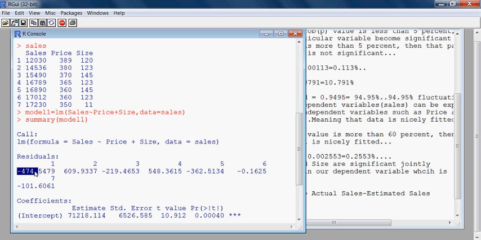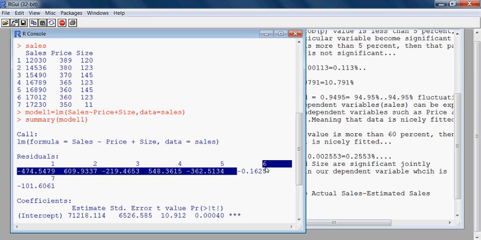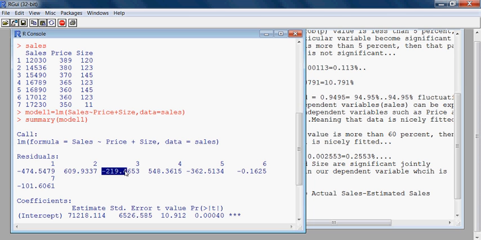Then I can get this minus 474.5479. And what about this one? Suppose I take residual number 3, minus 219.46. So you come here, number 3. So here actual sales minus estimated sales, I can get this value, which is number 3 residual, right? So that is the whole thing.